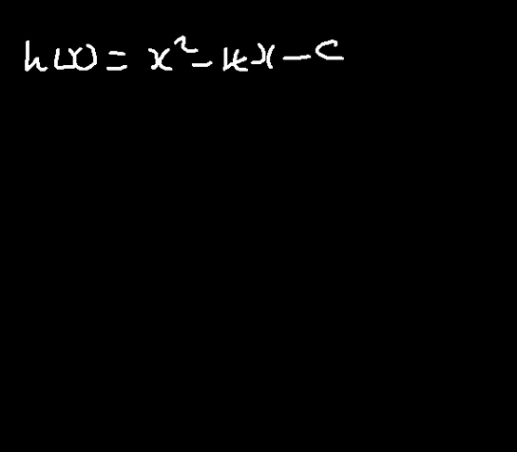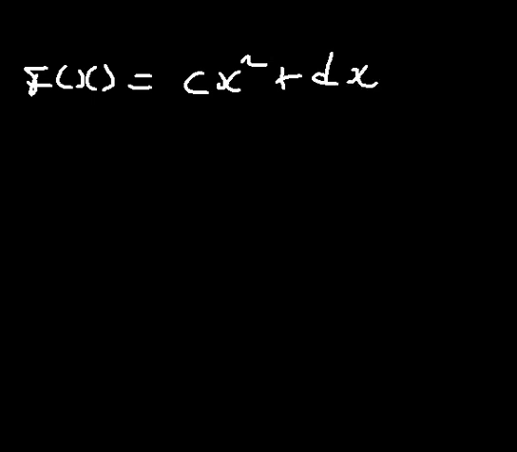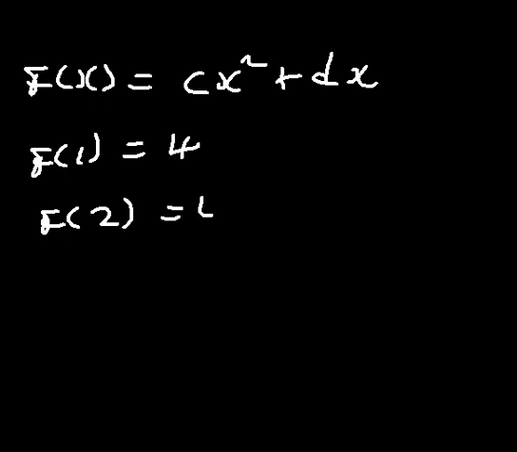And think about this one also. Let's say we have f of x given as cx squared plus dx, and given that f of 1 is 4, and f of 2 is 10. Find the values of c as well as d.